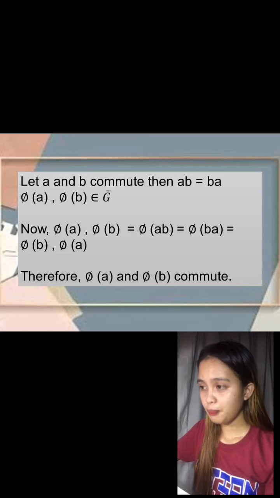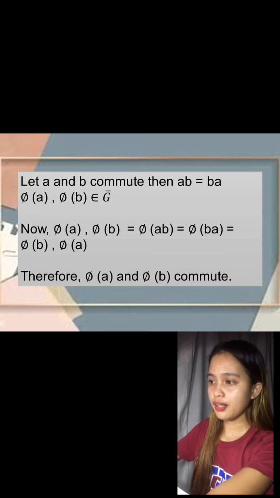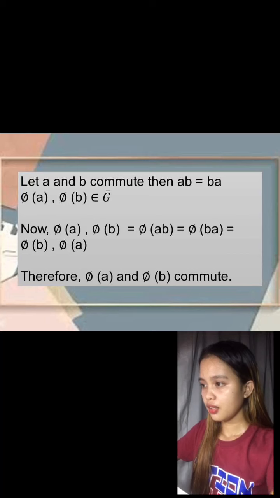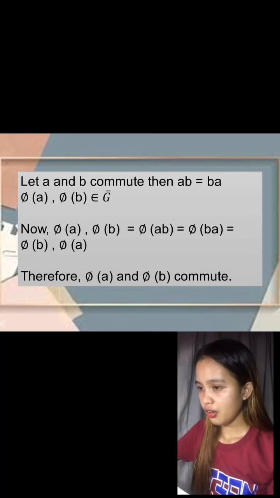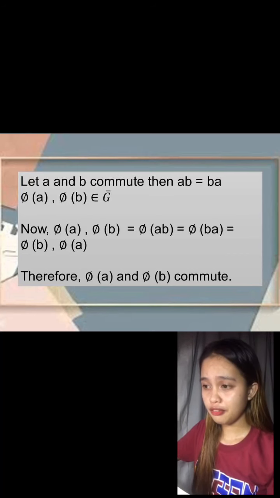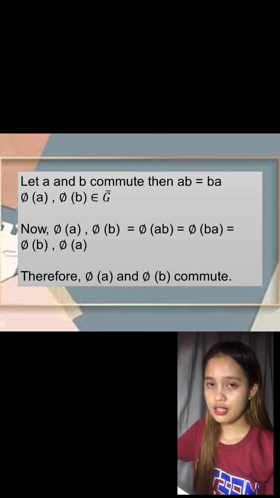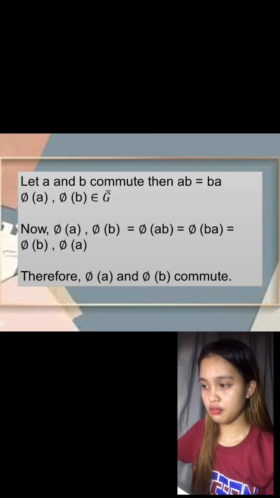Then, by the commutative property, this is also equal to phi of BA, which is equal to phi of B times phi of A. So we can conclude that phi of A and phi of B commute.